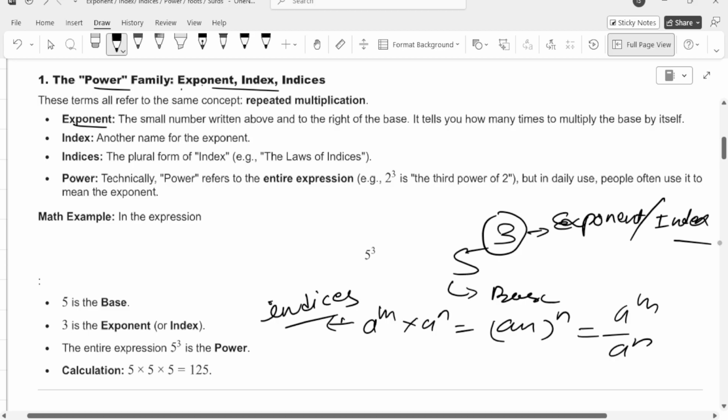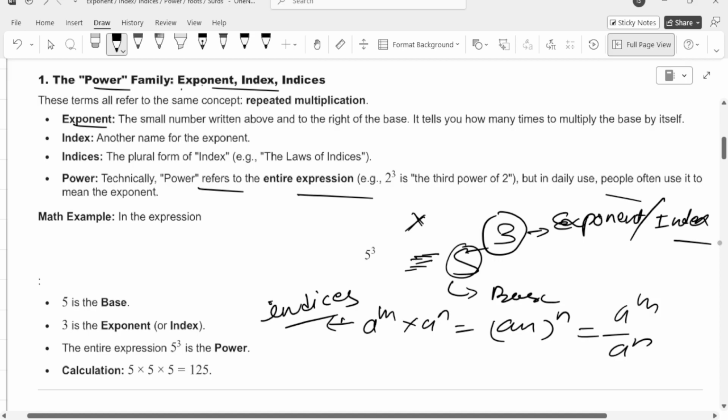Sometimes we call 5 to the power 3 "the power is 3." That is wrong. Technically, the power refers to the entire expression. For 5 to the power 3 we just use general terminology, but that is wrong. So what is the correct pronunciation? The third power of 5. In daily use people often say exponent, but that is wrong. The whole expression, 5 cubed, is the power. So we generally, in the correct way, say the third power of 5.